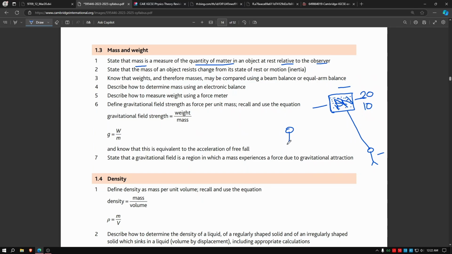But if a third person comes into the picture, then they can see that you are moving this way and the box is also moving this way. So to a third person, you two are moving, but to the person observing the box, the box is stationary. This is why, relative to the observer, it should be stationary to you. And why should it be stationary when you observe an object?